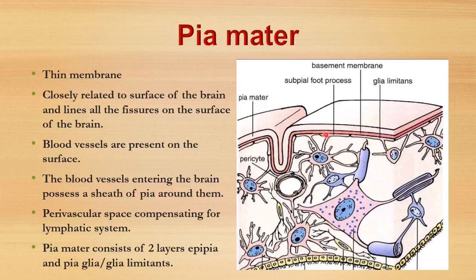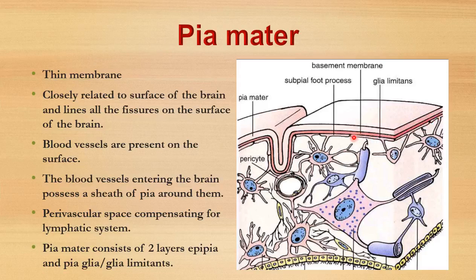So they are responsible for forming the blood-brain barrier, so that the blood vessels and the brain tissue don't come in contact directly. The blood-brain barrier is actually formed by the vascular endothelium and also by the vascular foot plate. Here it forms a continuous membrane, and the Pia Mater also performs the function of pinocytosis.